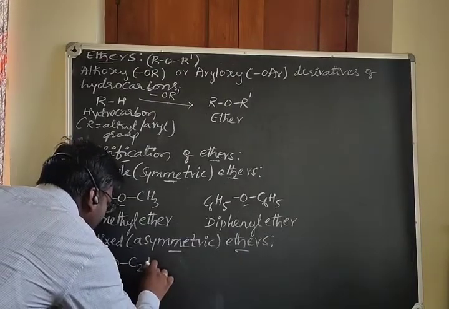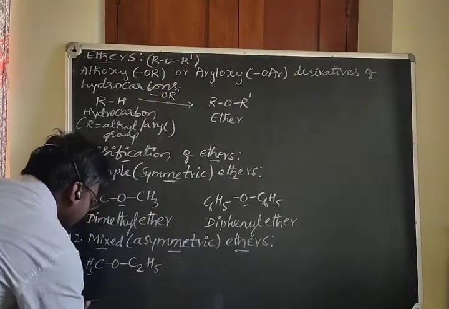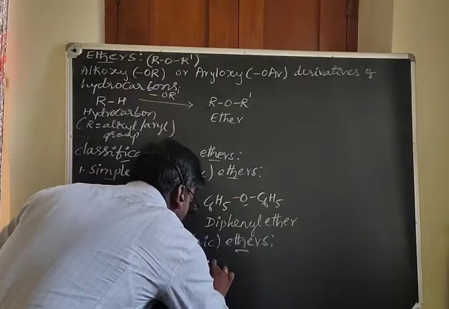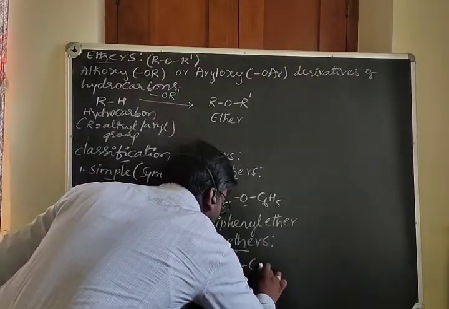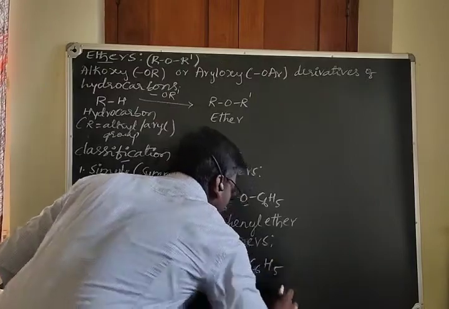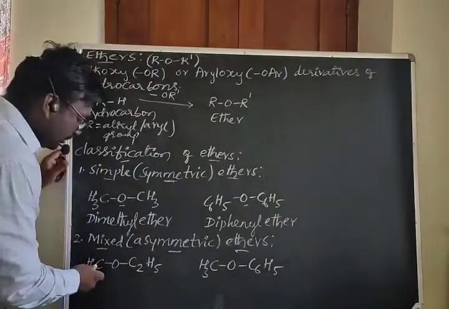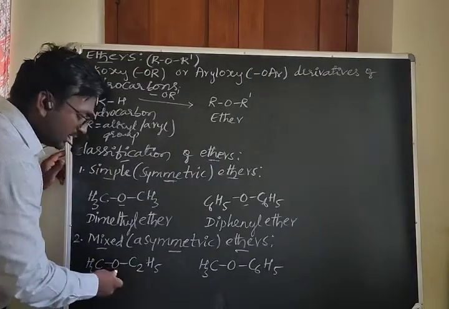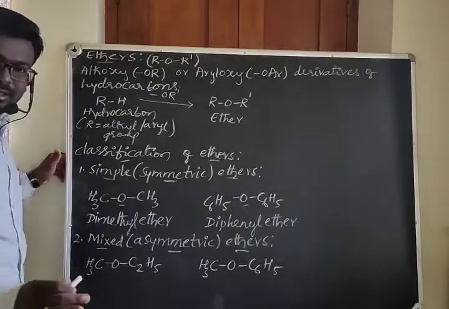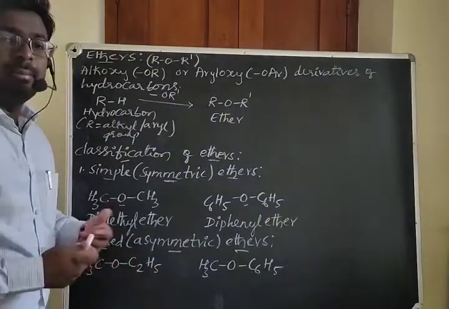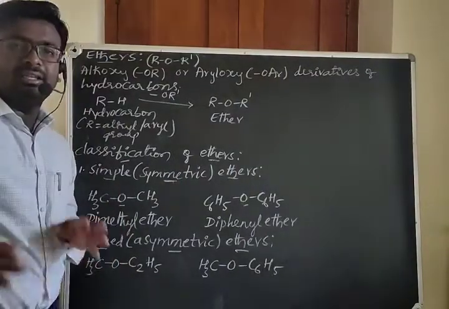CH3OC2H5. Let us consider another one, CH3OC6H5. See what you are observing from these two examples. The groups present on both sides of the oxygen atom are not similar. Therefore these are called mixed or asymmetric ethers.